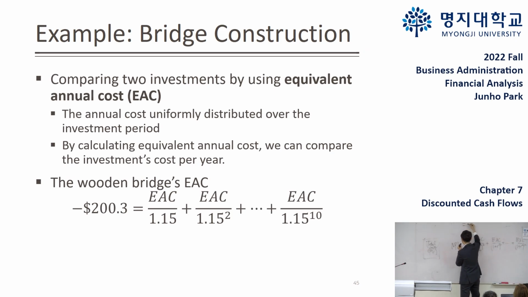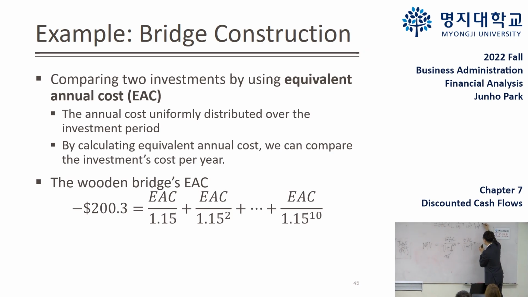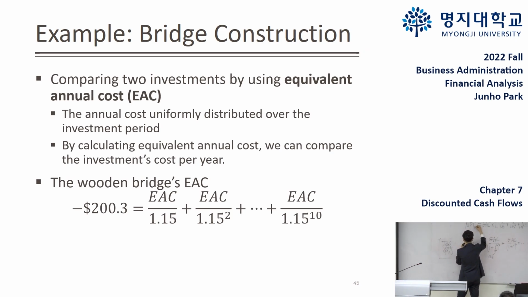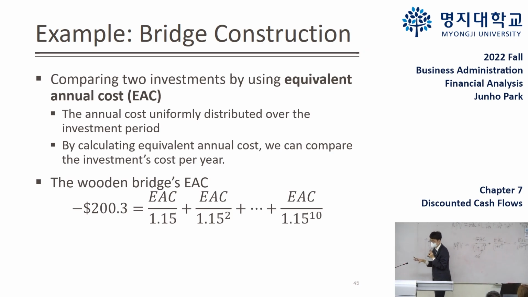So it can be written as EAC times 1/1.15, if we put 15% here, 1/1.15 squared, 1/1.15 third, finally 1/1.15 to the 10th power. And this should be the net present value, which we already know from our calculation.